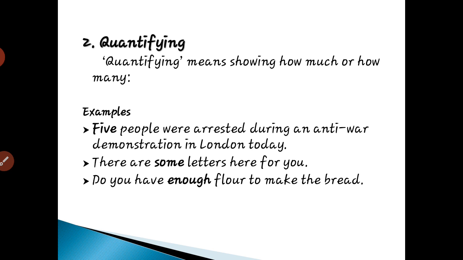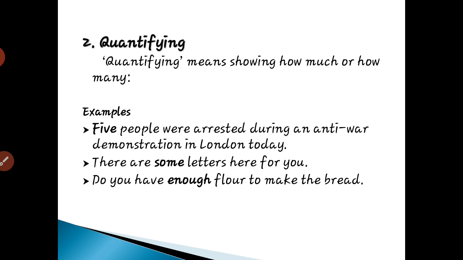Then: do you have enough flour to make the bread? Enough is also a determiner, which gives the information about the quantity of that flour. Here flour is the noun. Enough means a quantity that is sufficient or adequate for something.